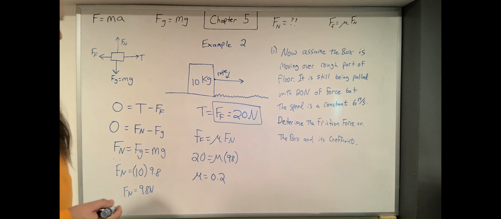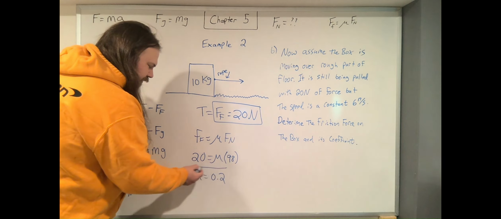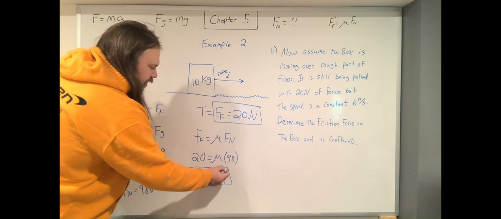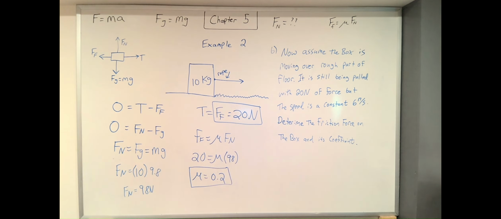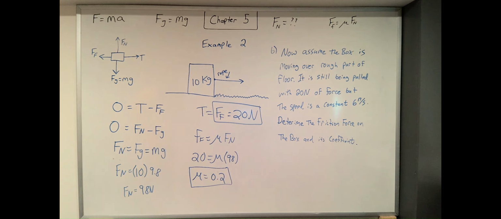Well, newtons over newtons is just 1, which means mu is just a coefficient. It doesn't have any units. It's just a coefficient. So mu is one of the unitless variables that we solve for occasionally.